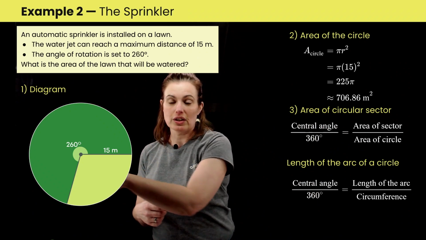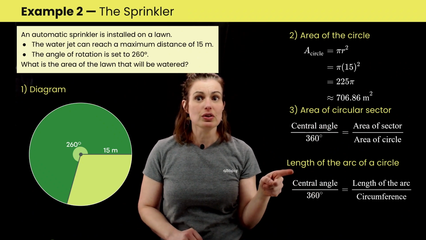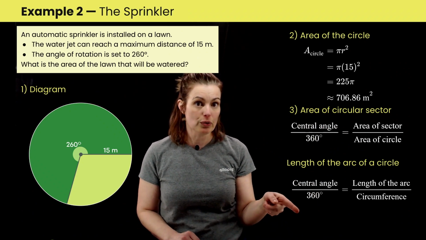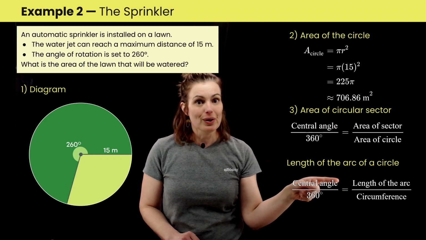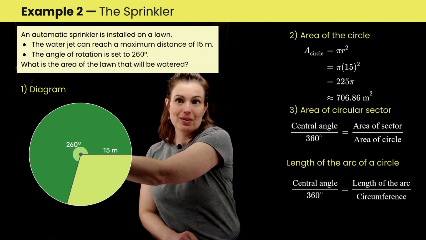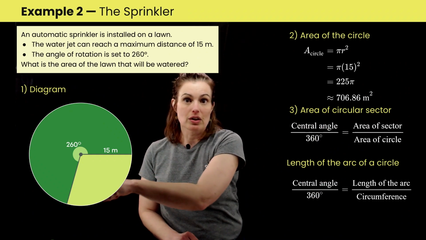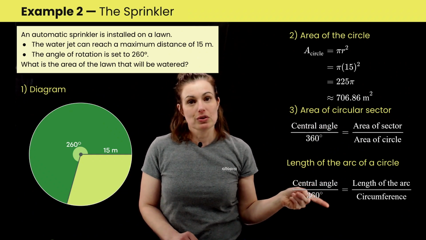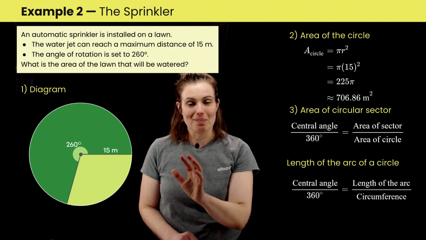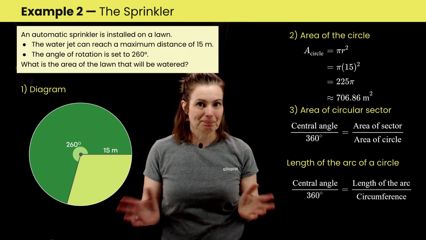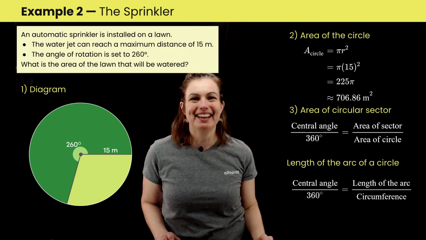I can use the 260 degrees over 360, and figure out the length of that arc, the distance from one side of that dark green zone to the other, by putting it over the circumference of that entire circle. So it's kind of cool.